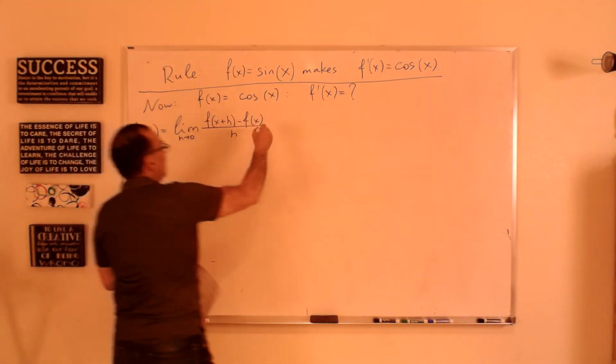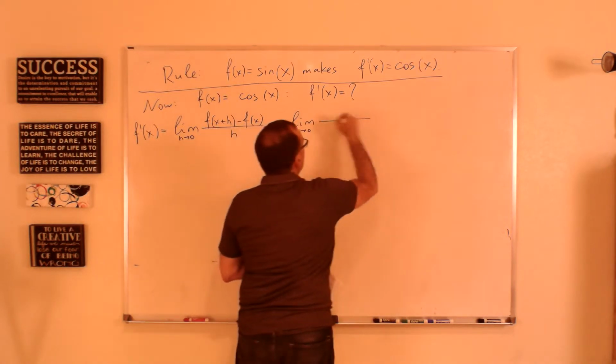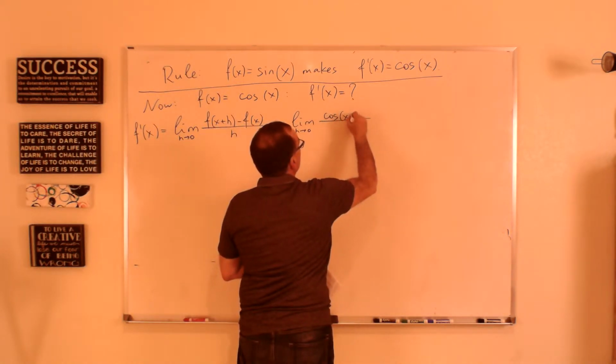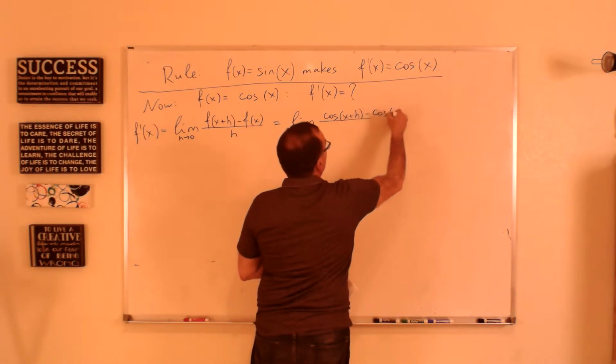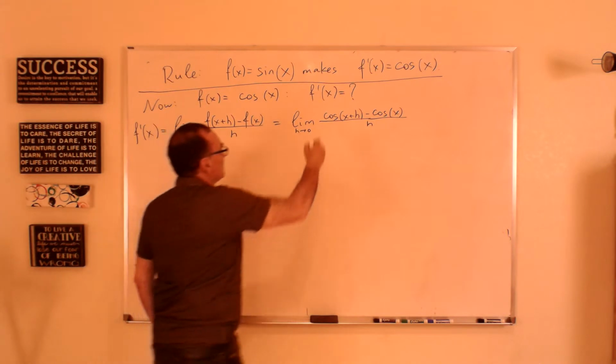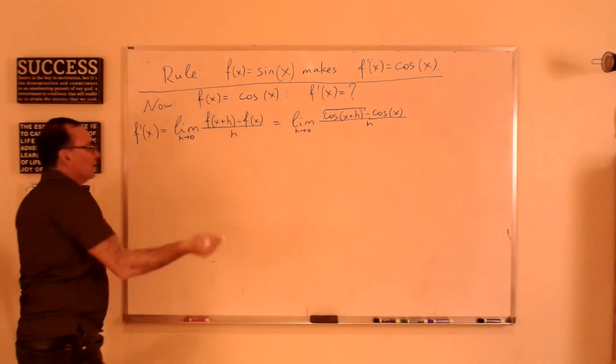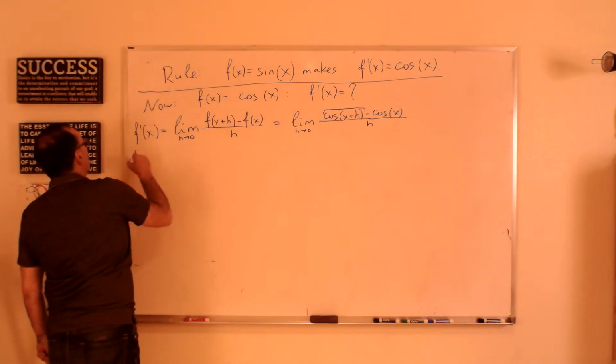Again, because f is cosine, it's just the limit as h approaches 0, cosine of x plus h minus cosine of x over h. And again, we want to replace cosine of x plus h with whatever it equals according to formulas from trigonometry.